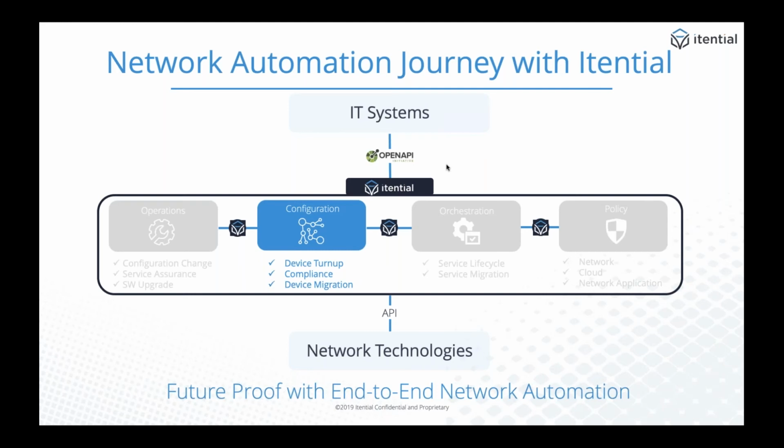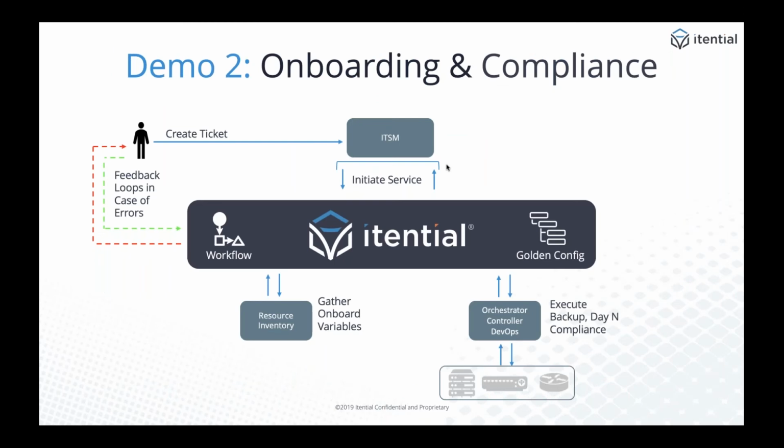We still want the same level of protections as we move from CLI to an API-driven ecosystem, and we still want the same capabilities around pre and post checks and the rest of the automation capabilities that people have come to benefit from when we start looking at integrating this into an end-to-end automation program. So with that, we'll do a little talking around demo 2 and then jump back into the demonstration.